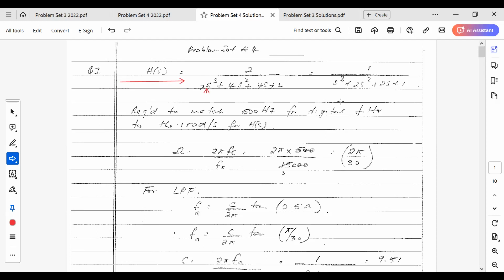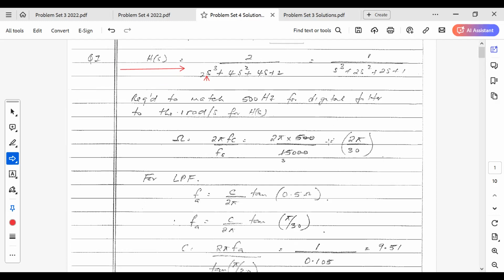Okay, so if you divide by 2, it wouldn't matter, it will cancel in the end if you were to do the substitution. But basically, remember the bilinear transform, you have to calculate a matching coefficient, which is C. And you do that by matching, first off, you calculate what omega is. Omega is 2 pi fc over fs, right?